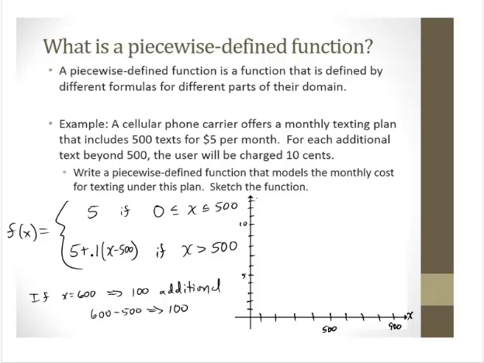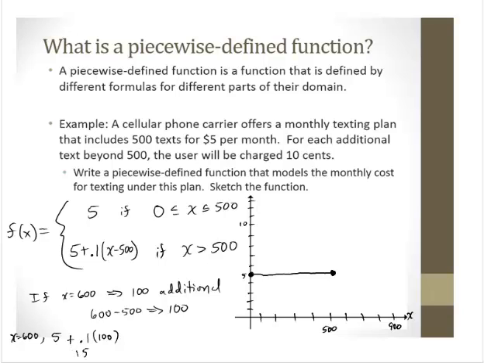Alright, so for the first part, if we have 0 texts, it would still be $5. But then it holds steady until we get to 500 texts. And then the price increases. So if x was 600, that means we'd have 100 additional texts, so we'd have 5 plus 0.1 times 100, and so that would be 5 plus 10, which is 15.